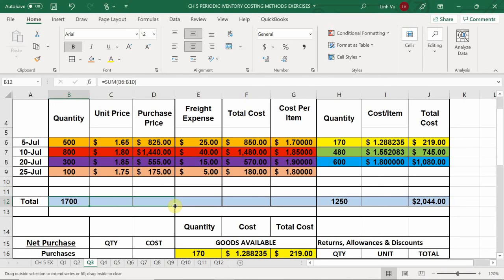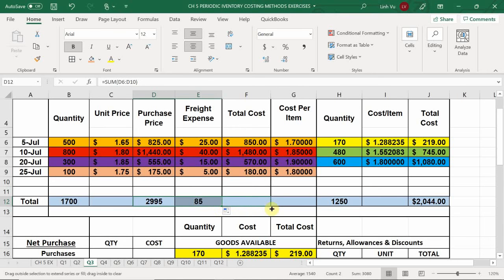What was my total purchase price? $2,995. Good. What was my total freight? $85.